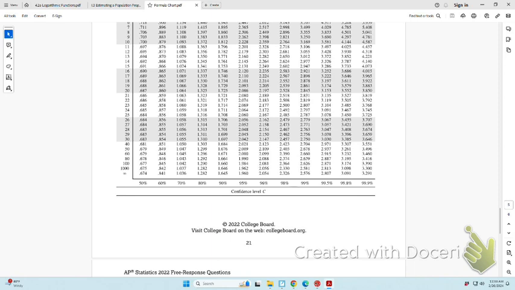Read from bottom. You might write this on your table B. For confidence interval critical values.